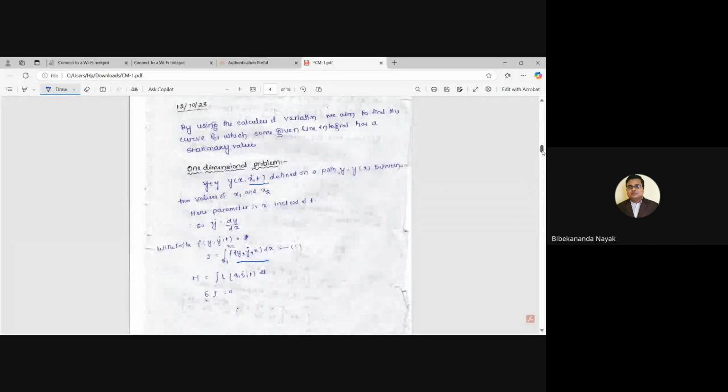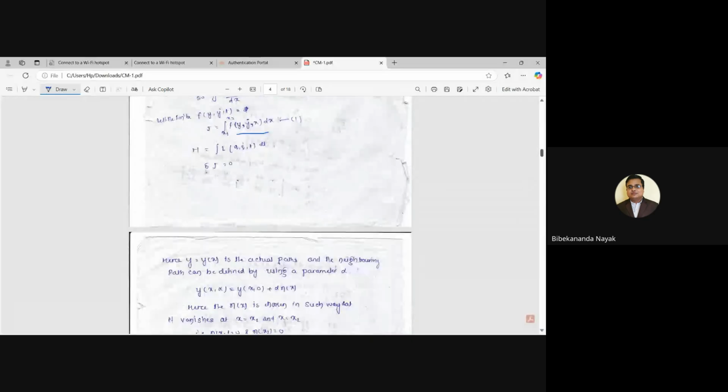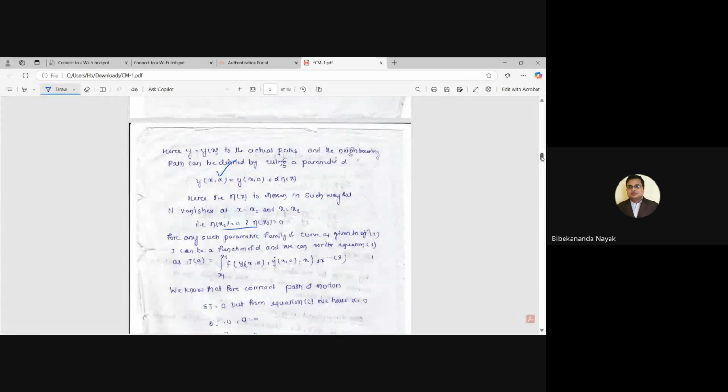Now compare it. We know delta J is equal to 0. So our general path will be y(x, alpha) = y(x, 0) + alpha eta(x), with the same condition at endpoints x1 and x2, eta(x1) = 0, eta(x2) = 0. Now we have reduced it to one dimension.